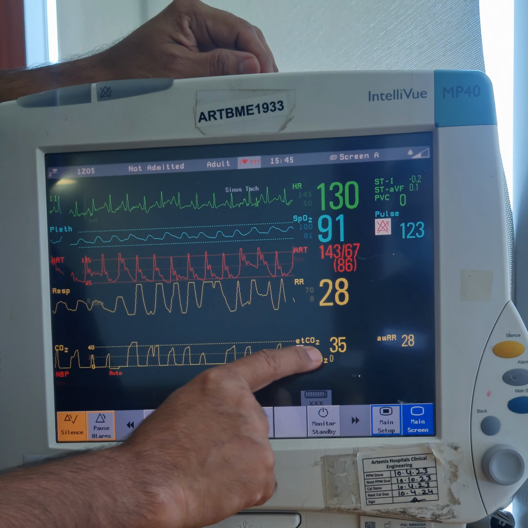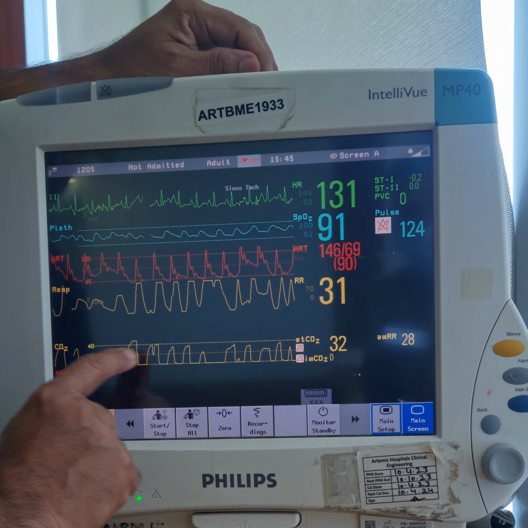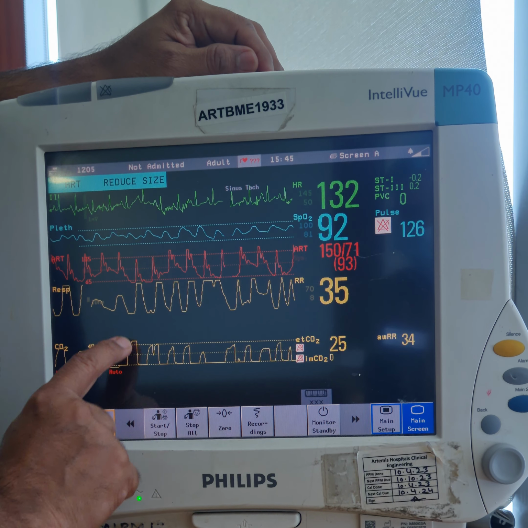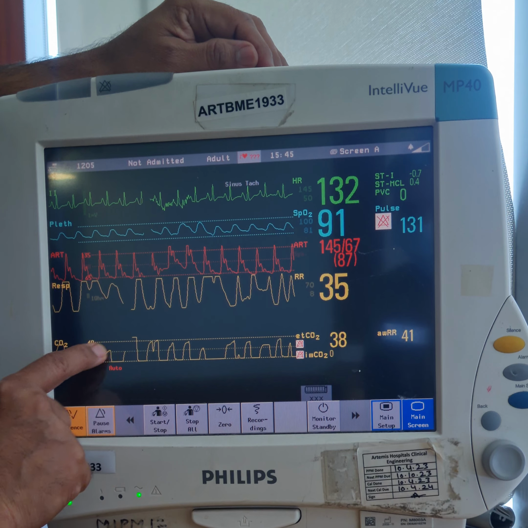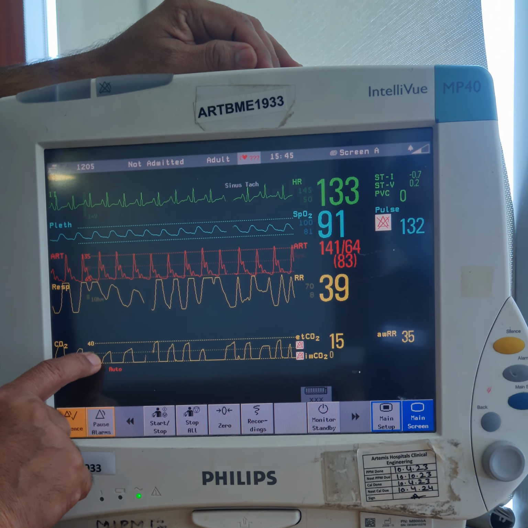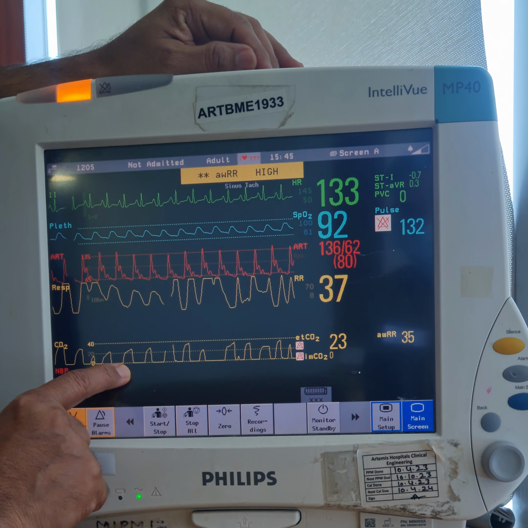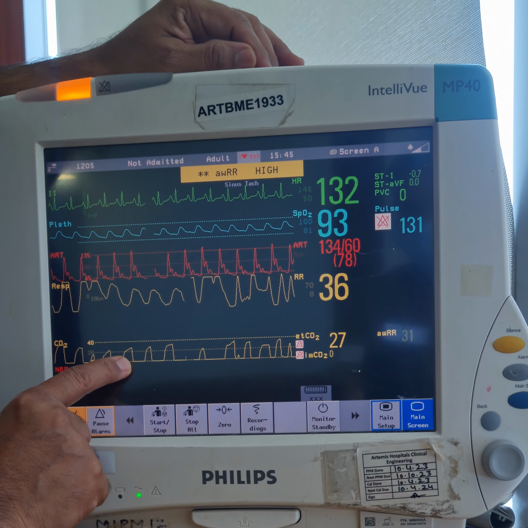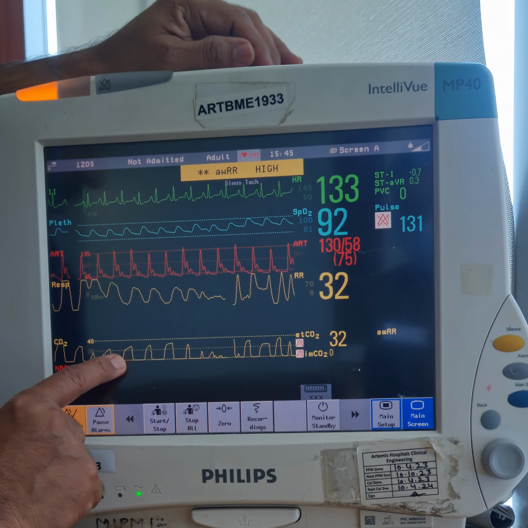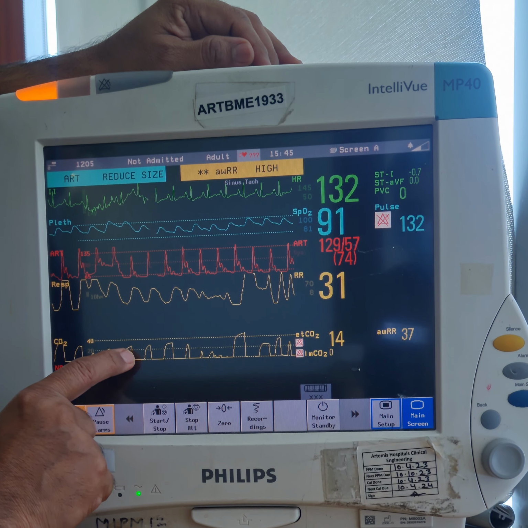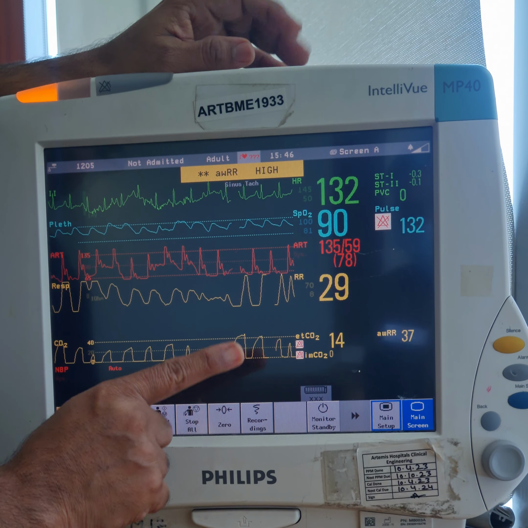You have to check the numerical value as well as the trace. The normal trace is a square pattern. If that square pattern changes like this, it shows a cobra hood like pattern. That shows bronchospasm, which can be taken care of with the help of nebulizations.